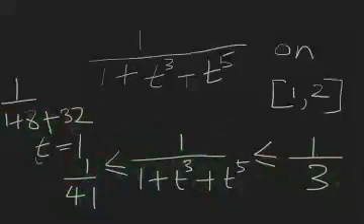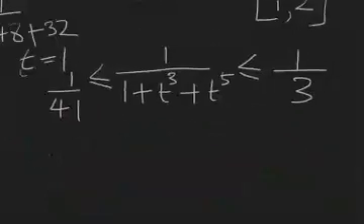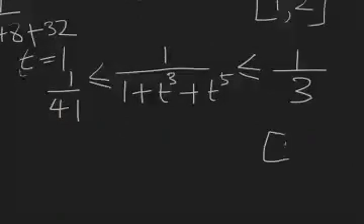So over the interval 1 comma 2, this function is between 1 over 41 and 1/3. Then we integrate these three functions over this interval.